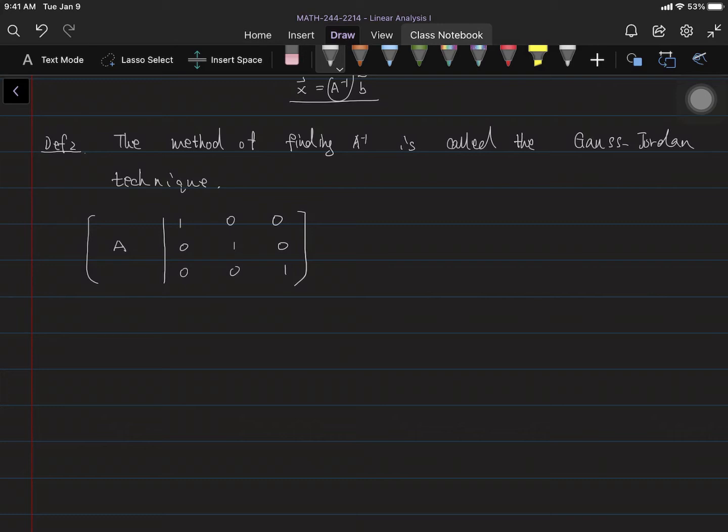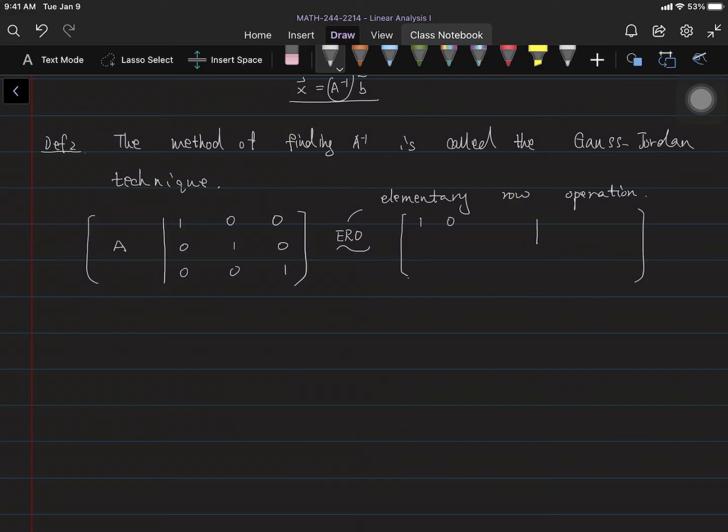Okay, and then we do elementary row operations. We learned this in 2.4, right? And for the left side, we reduce it into reduced row echelon form.